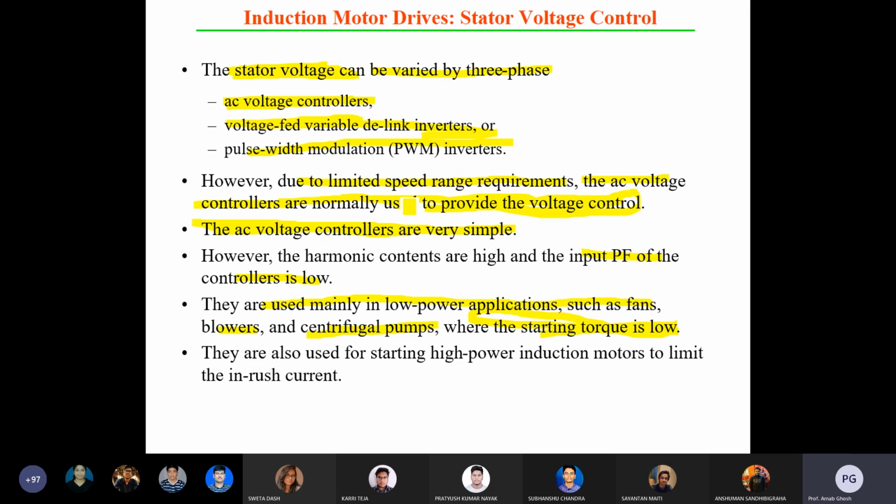They are also used for starting high power induction motors to limit inrush current, since storage elements are there and may give some benefit at the time of inrush current.